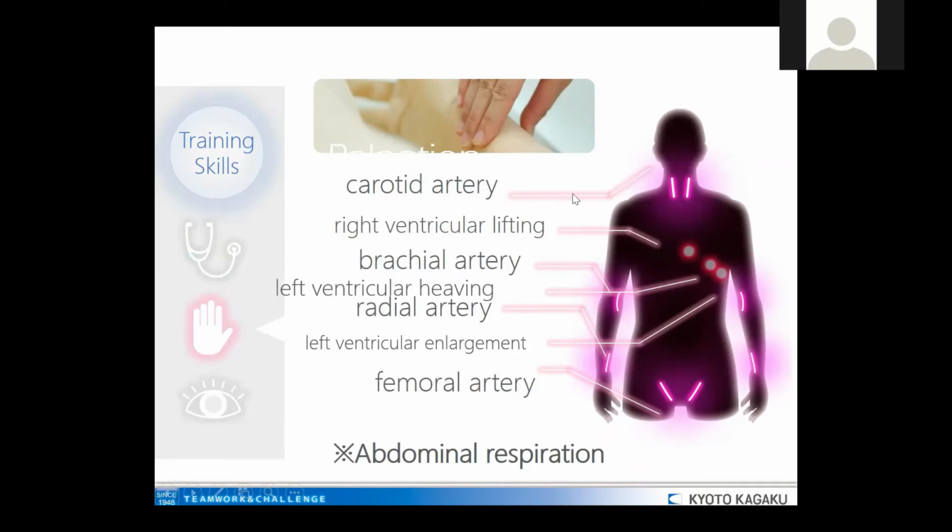For example, the carotid artery right here in the neck, or the brachial artery right here in the arm, or the radial artery here in the wrist, and of course the femoral arteries right here. So you can palpate all those pulses in all those places.